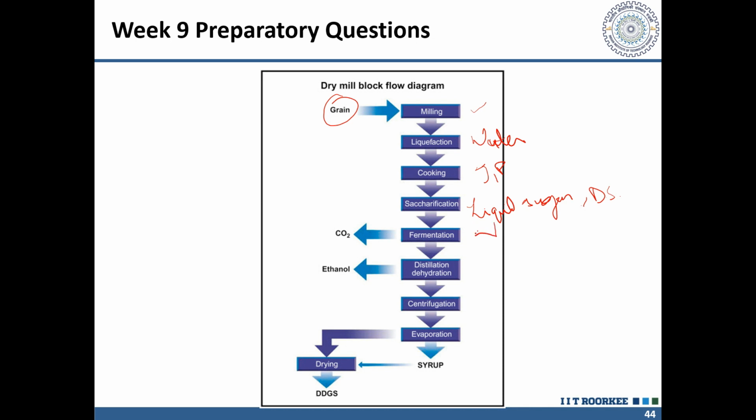And after this, we can ferment it to produce ethanol. The major product is ethanol, which we are making. And after obtaining the ethanol, we will separate the kernels at the end with the help of centrifugation. So the separation is done at the last in case of dry milling.